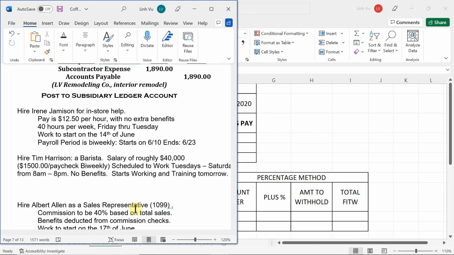So this guy, what is the difference between Irene and Tim? He's salary. Does it matter how many hours he works for Tim? No, unfortunately, but he is scheduled to be there for at least 12-hour shifts. Let me see, Tuesday through Saturday.